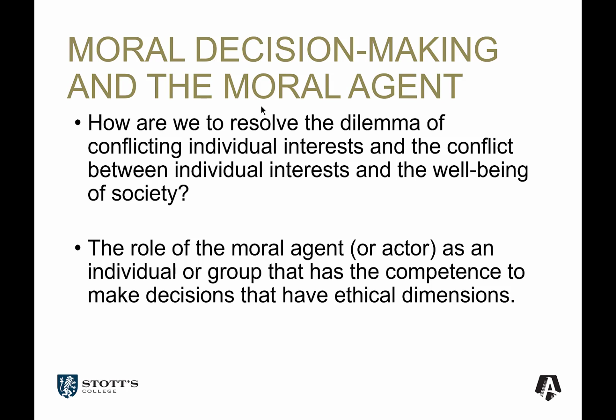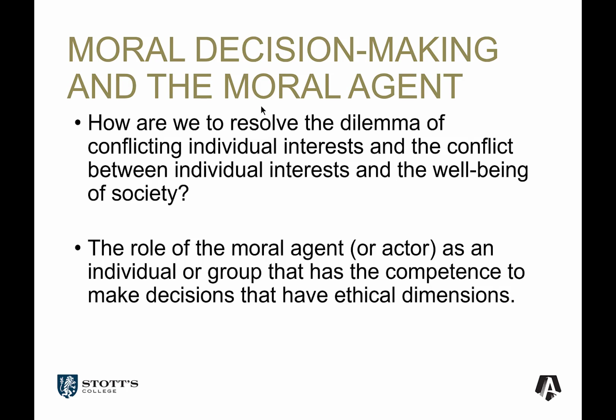Moral decision making is how we resolve the dilemma of conflicting individual interests, things that are best for us, and the conflict between individual interests and the overall well-being of society. As we're talking about business ethics, sometimes those individual interests are actually the interests not of the individual manager per se, the individual employee. They might be the individual interests of the organization.